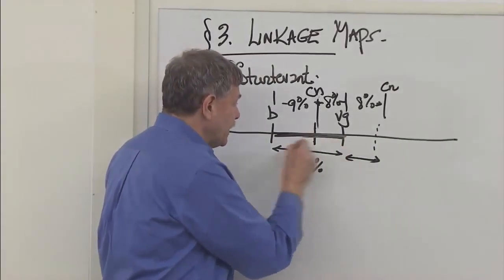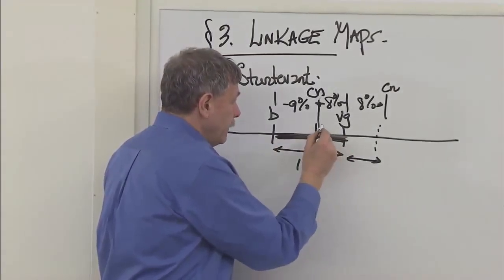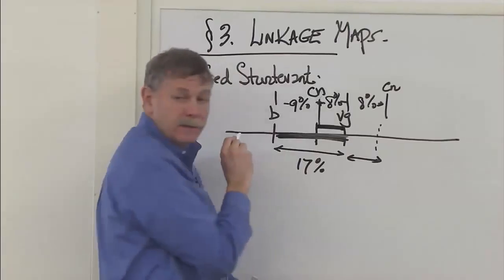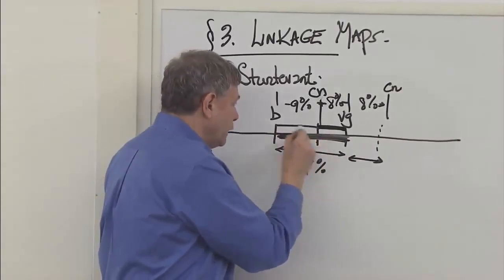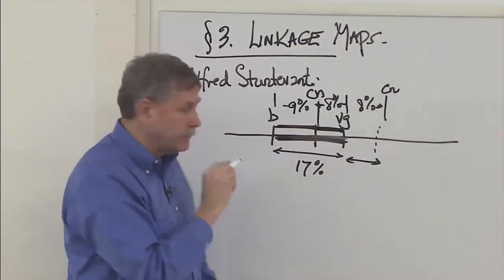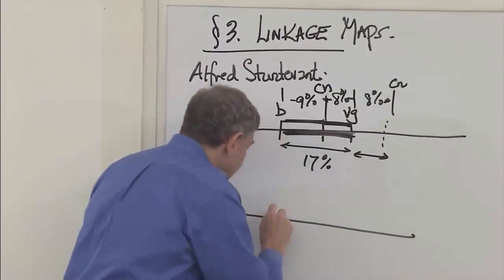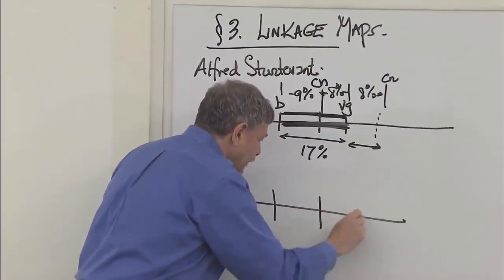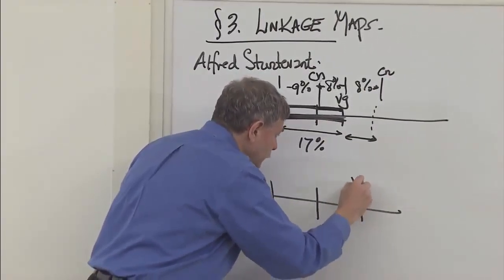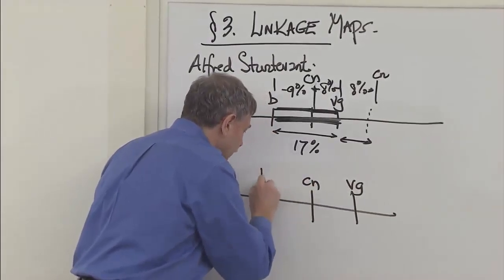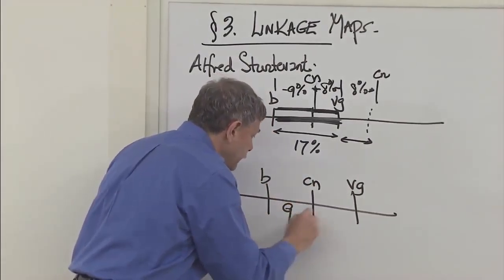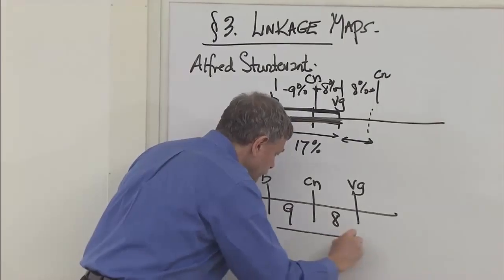Black and vestigial are 17. Vestigial to cinnabar is 8. Black to cinnabar is 9. He had two choices, and it turned out that this looks like it's the map. 9, 8, 17.